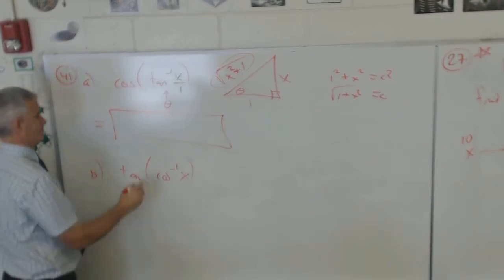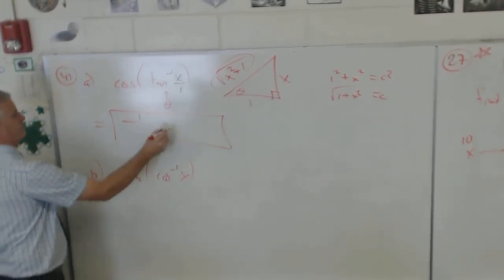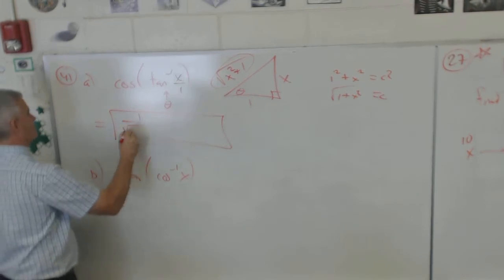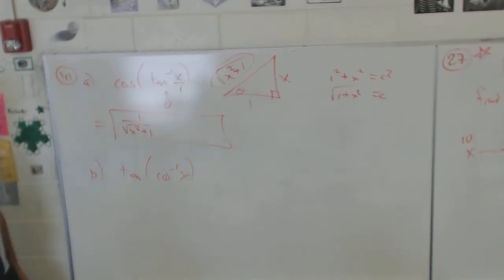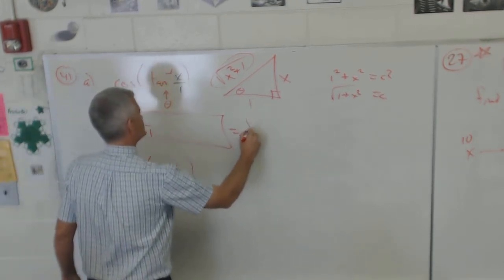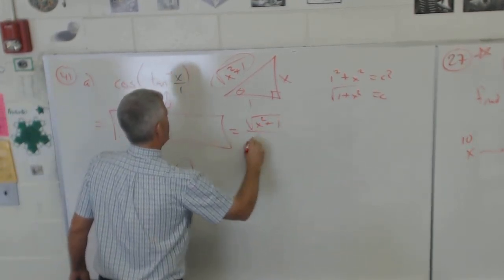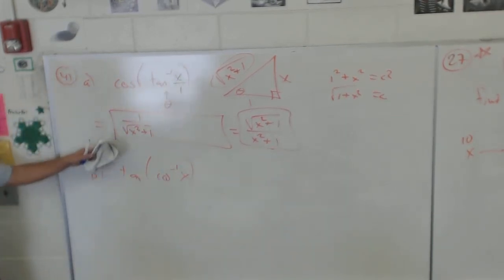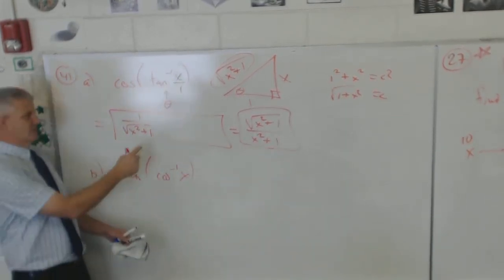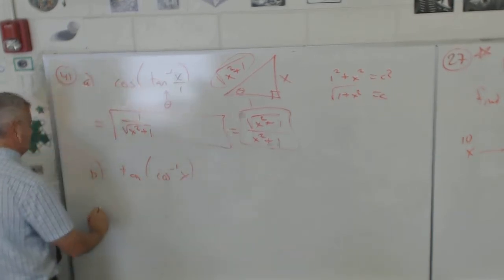Adjacent, which is 1, over hypotenuse, which is the square root of x squared plus 1. That's excellent. I'm really happy with that answer. Some teachers would want you to rationalize, but I'm happy with that, because I would argue this is simpler than that, okay?